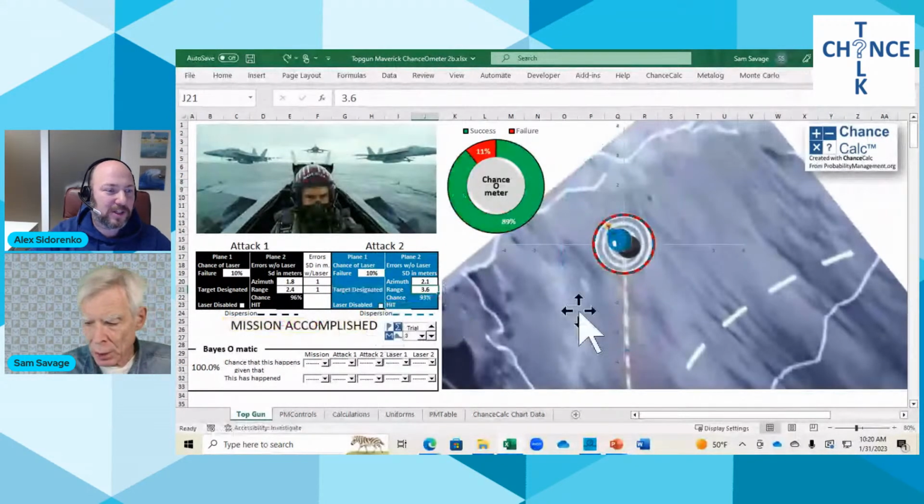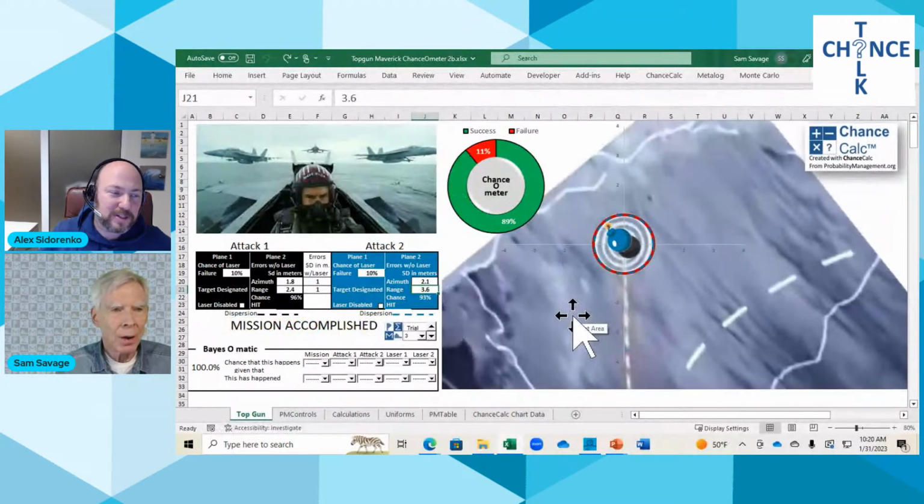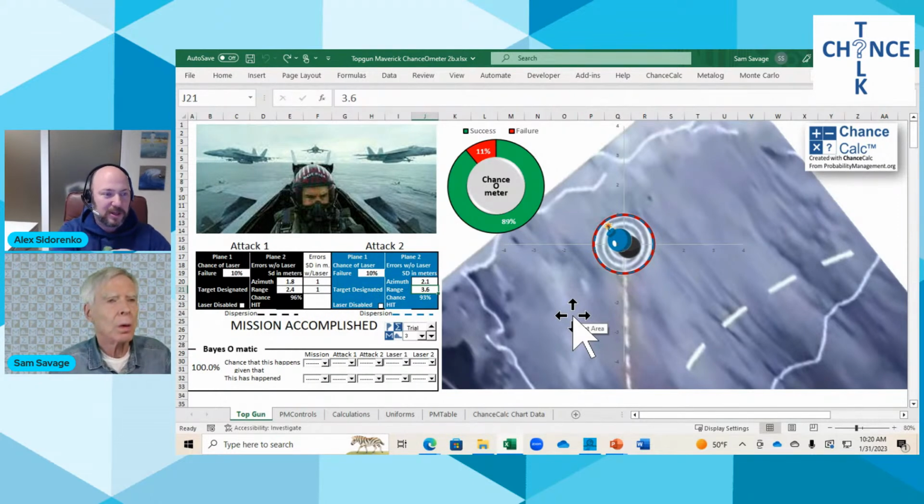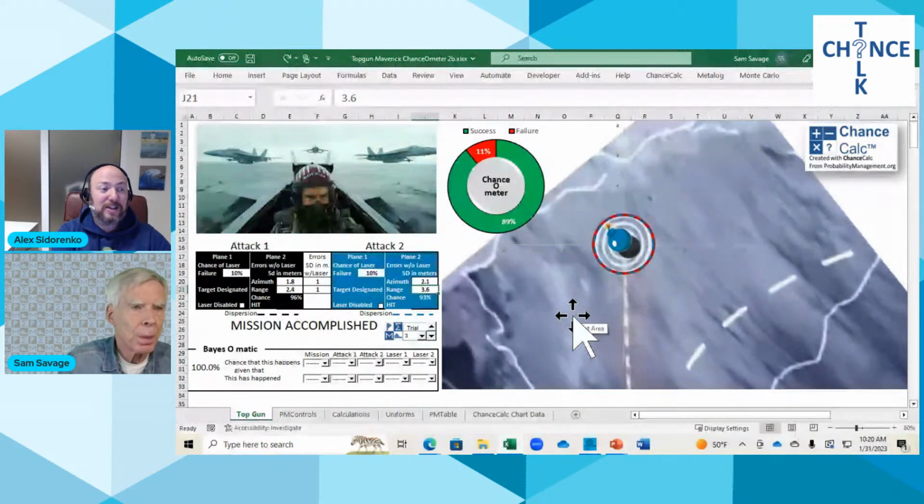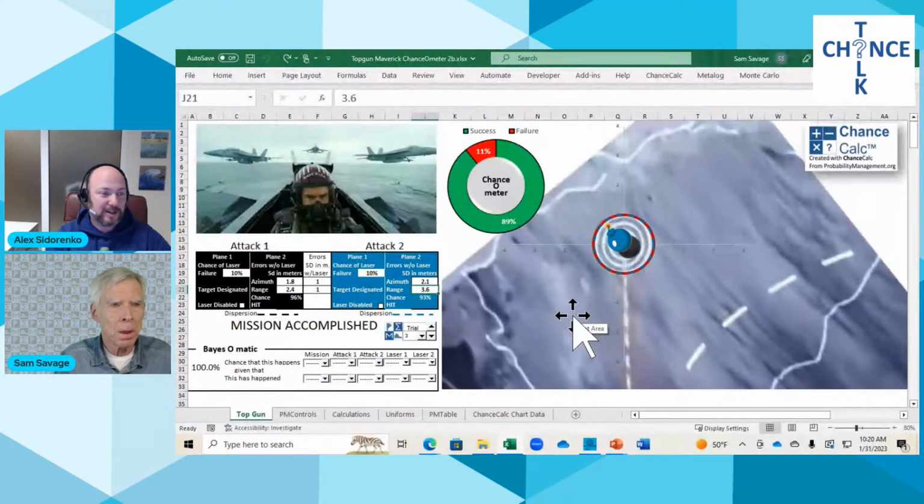So, Sam, can I quickly say a couple of things? So, first of all, if it's too difficult for you to see, if you're watching on LinkedIn or YouTube or Twitter or Facebook, make it full screen, and then you'll be able to see the full model, and you'll actually be able to see the text and the numbers next to it. And the second point, I just thought this is exactly what risk engineers do when they're trying to estimate the damage from an explosion or a fire in the plant.